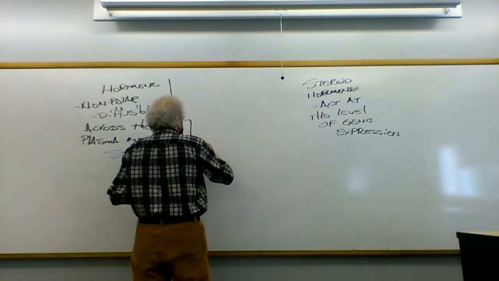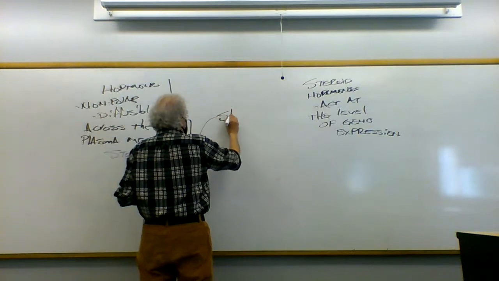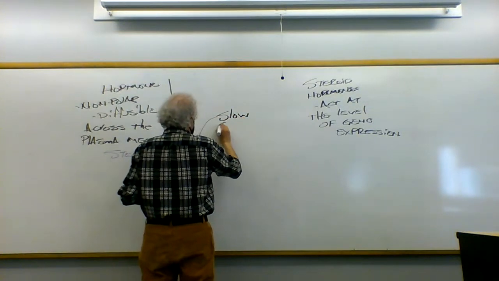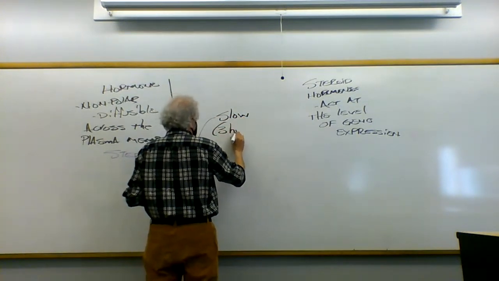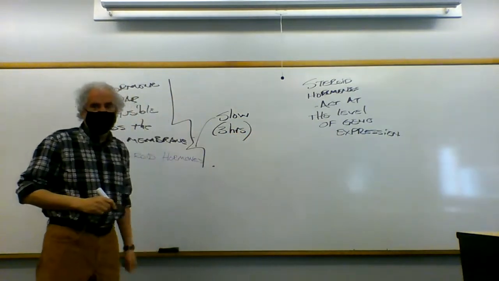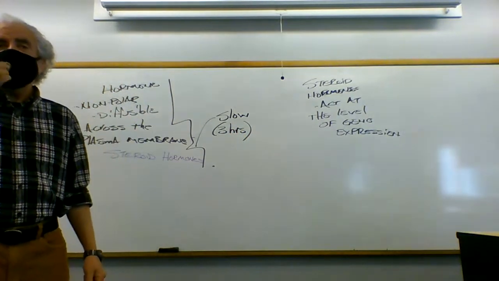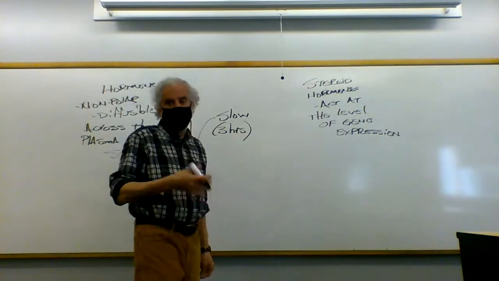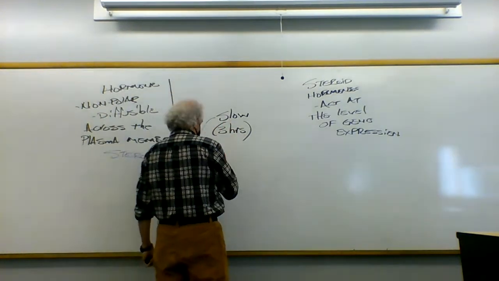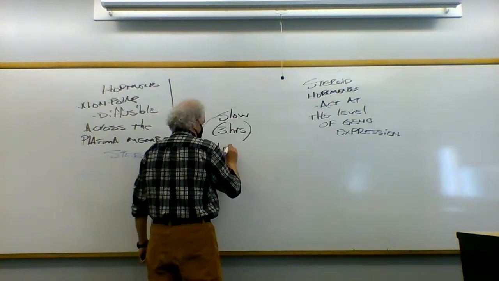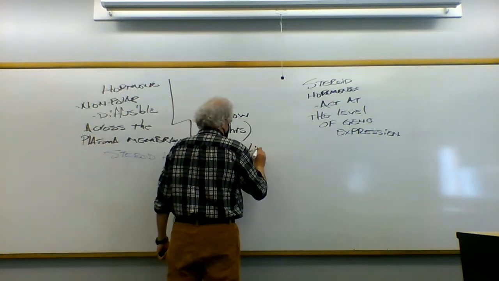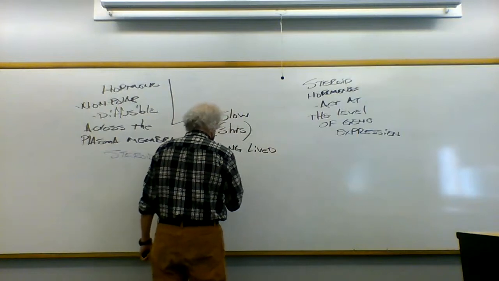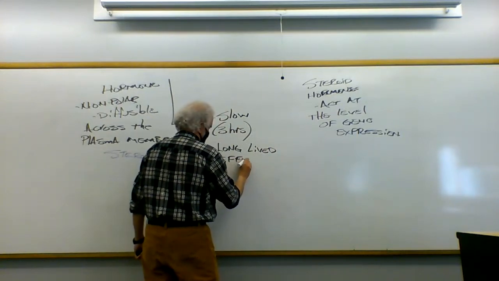And consequently, they are going to be slow, on the order of, just for the number, 2 to 3 hours, but the effect is going to be very long-lived, as long as that protein's hanging around, which could be weeks. So it is slow, but it is a very long-lived effect.